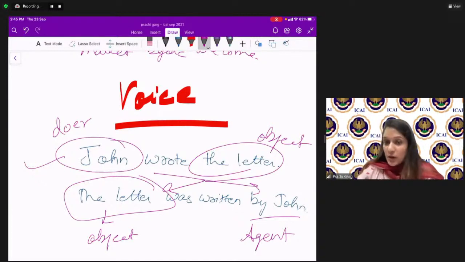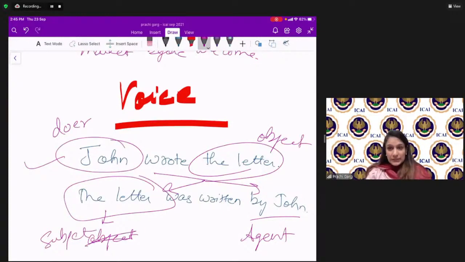In the first one, our focus is on John, who's the doer of the action. But in the next sentence, our focus is on the receiver, the object. So my main point of view is the letter was written by John. So John becomes the agent here, right? The doer of the action is agent in the second one, and the object becomes the subject here.